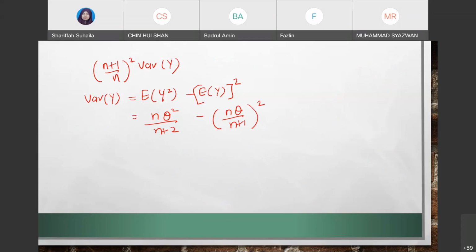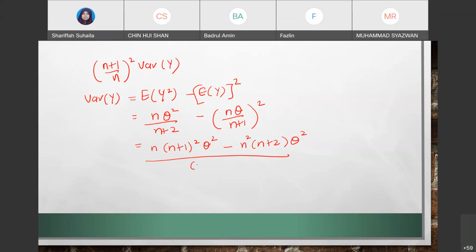Okay, and then you simplify lah. Simplify it here. n plus 1 square, theta square, minus n plus 2. Saya bagi apa? Dia punya denominator sama ya: theta square, n square.